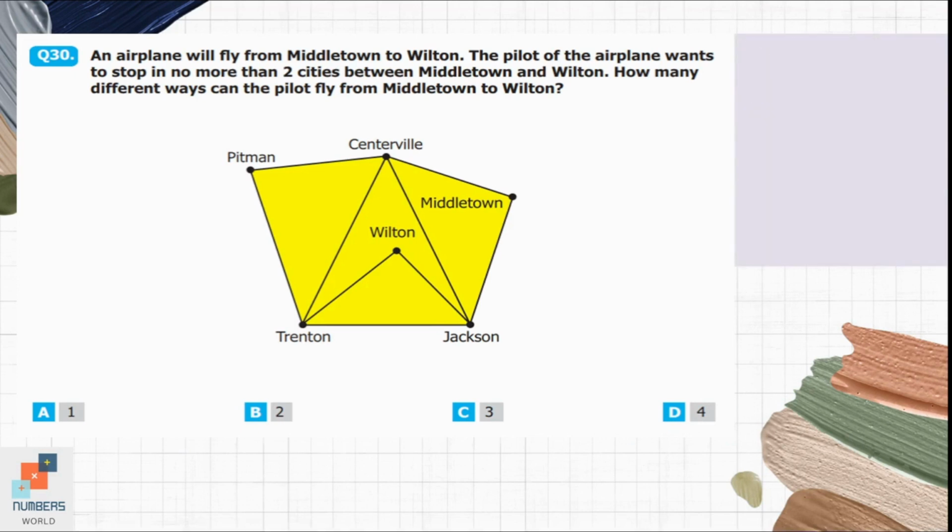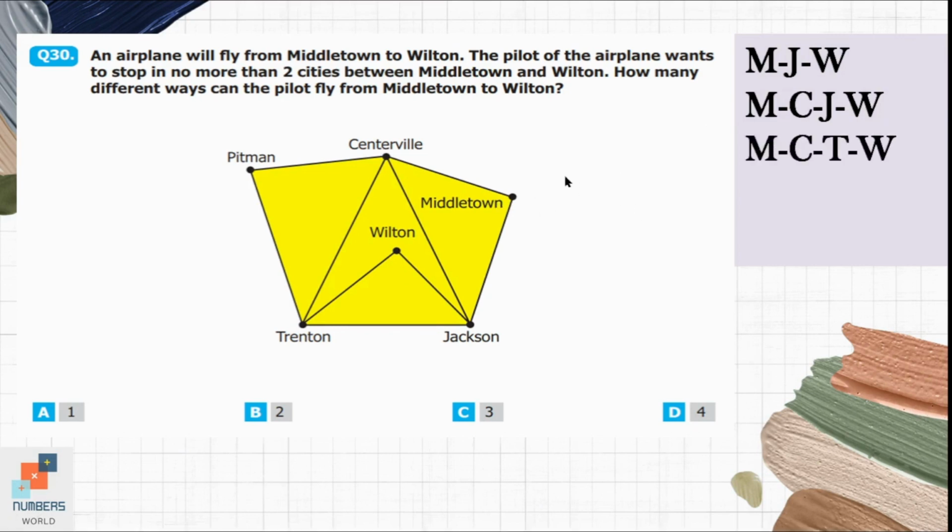If he starts his journey from Middletown and goes to Jackson, then Wilton, in this way he will have to travel 3 cities. Another route is Middletown to Centerville, then Jackson, and at the end Wilton. So he will have to travel 4 cities in this way. If he goes from Middletown to Centerville, then Trenton, and at the end reaches Wilton, that is also a suitable way because again he has to travel 4 cities.